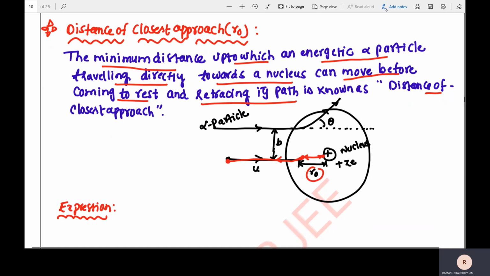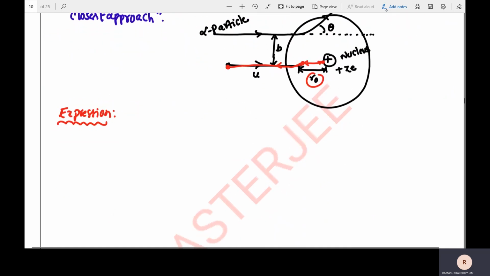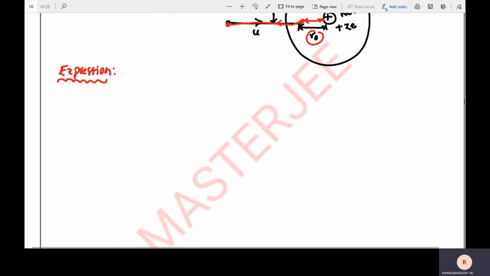The distance of closest approach is generally denoted by r naught. Directly we'll see the relation. The expression is r naught is equal to 1 by 4 pi epsilon naught times 2Ze square by half m u square, or the kinetic energy.